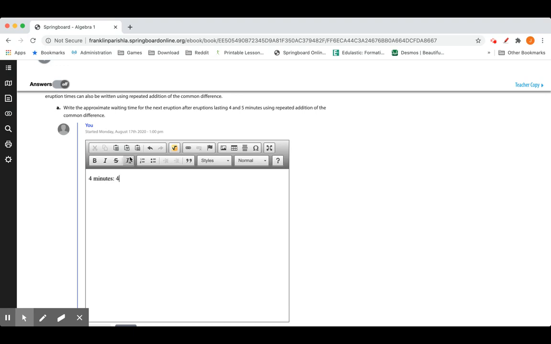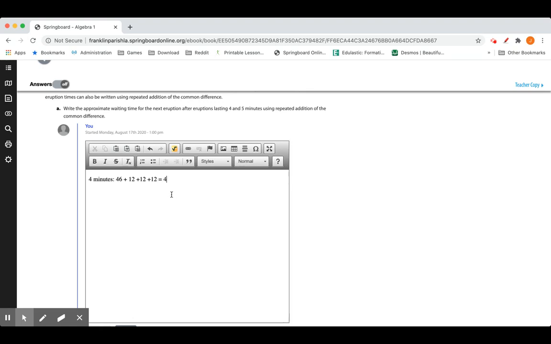Okay, let's see, 4 minutes. Well, we have 46 is our starting number. And then we add 12 to it. Plus 12 one time, 12 two times, 3 times, 4 times. This is the first one, second, third, fourth. I went a little bit too far. I had to erase it. And what is 46 plus 12 plus 12 plus 12?